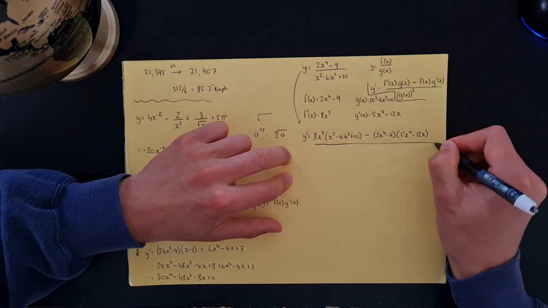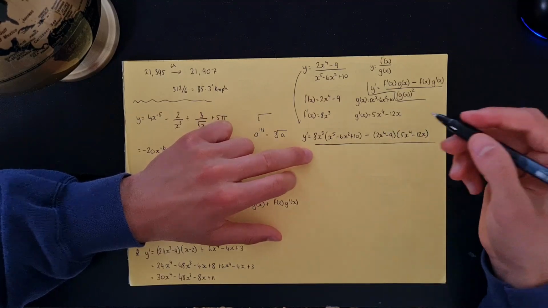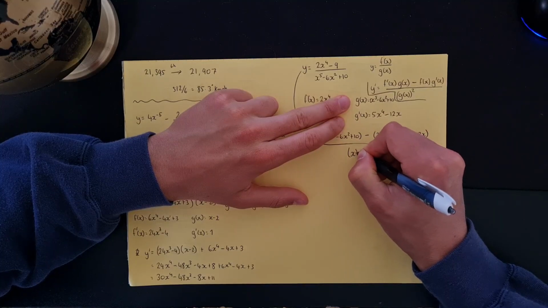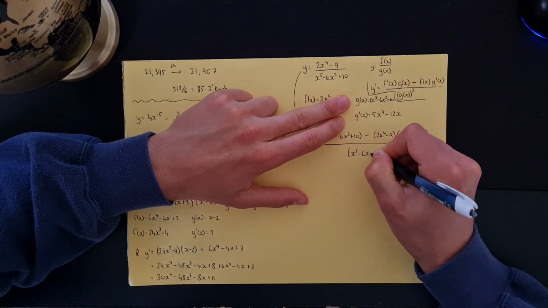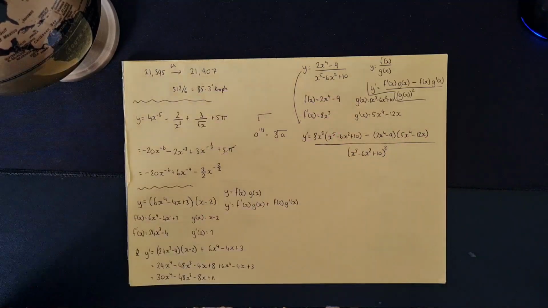And this is all going to be over g of x squared. So our value here, x to the 5 minus 6x to the power of 2 plus 10, all of that squared.